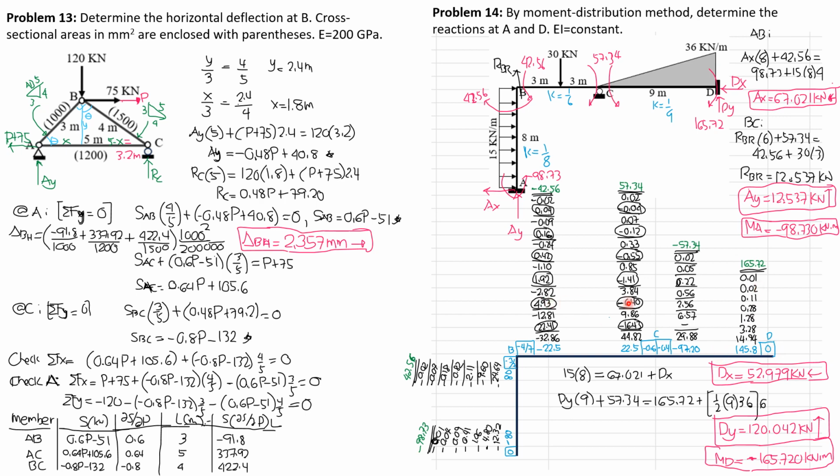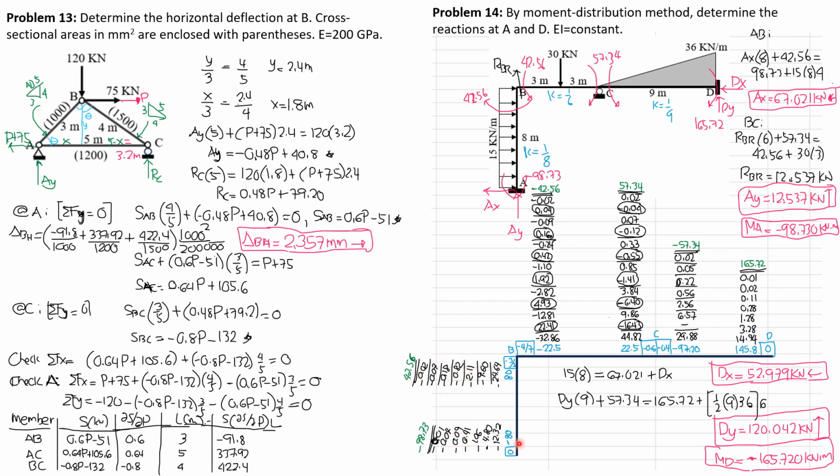Then, and so on and so forth until the distributed moment is negligible. That's the time we lock it finally. Like here, negligible, we stop. Then here also. So adding these values here, there's no need to explain in more detail about how these moments are generated.